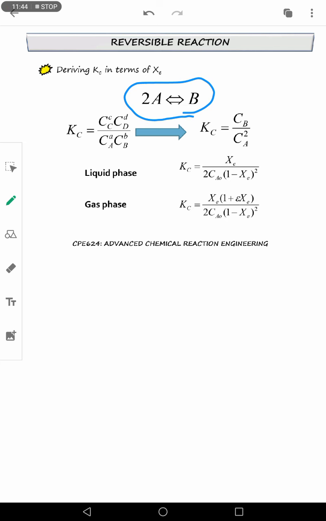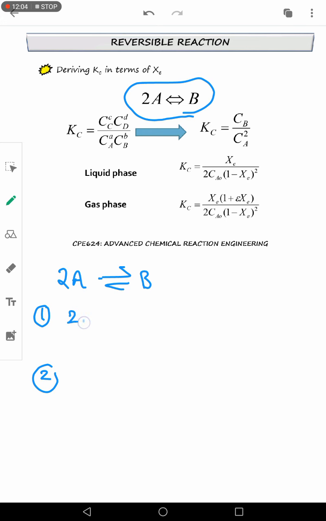First thing first, saya bagi hints. 2A producing B ni, so you kena dividekan kepada dua step lah.